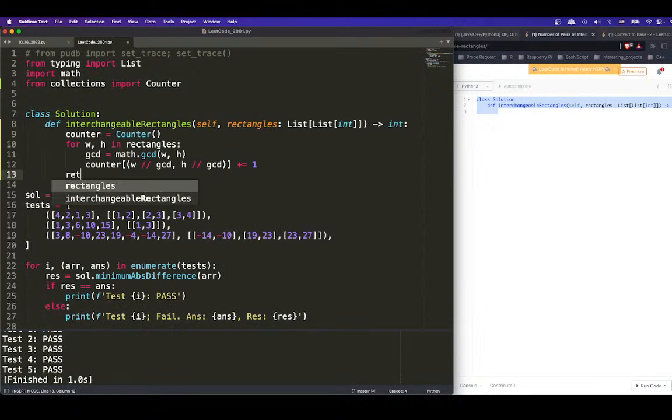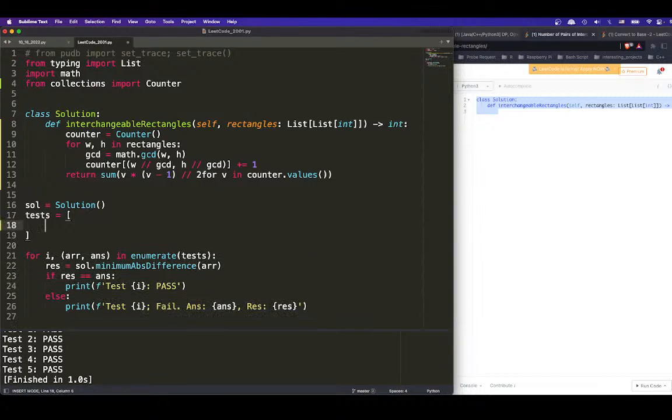Or we can just return sum. Right. And then for value in counter.values, we simply do v times v minus 1 divided by 2. I think this shall work.